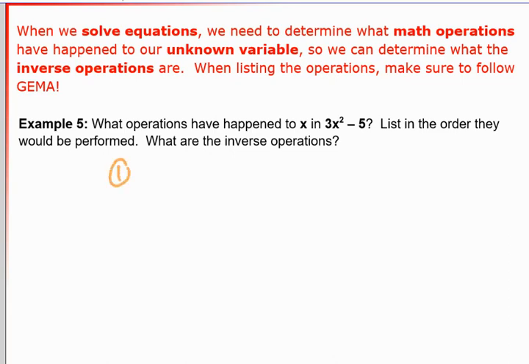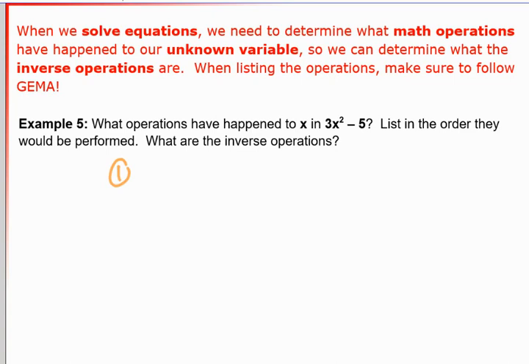So the first thing that has happened to the x, what's the first thing happening to the x? I always think of this as, well, some of you might be Shrek fans, and in Shrek, he says ogres are like onions, and onions have layers and layers and layers. Anyways, I always think of that for some reason. But math equations have layers.